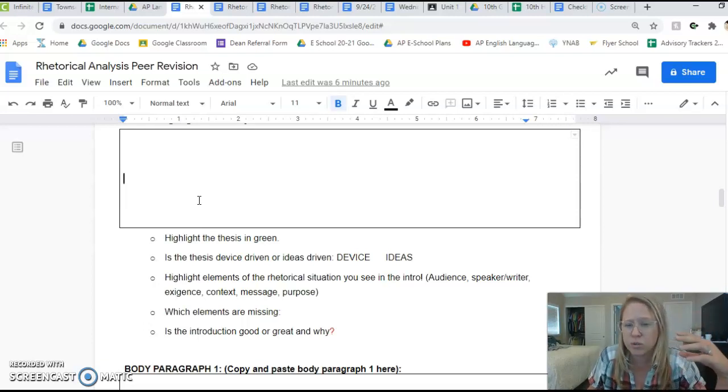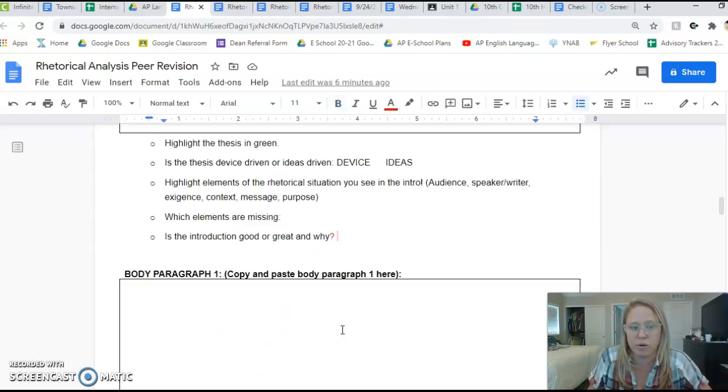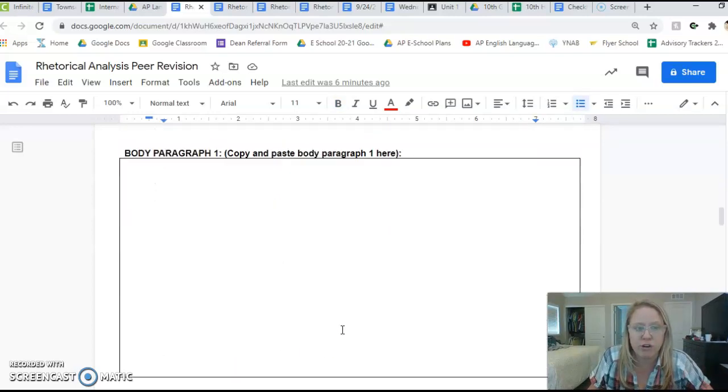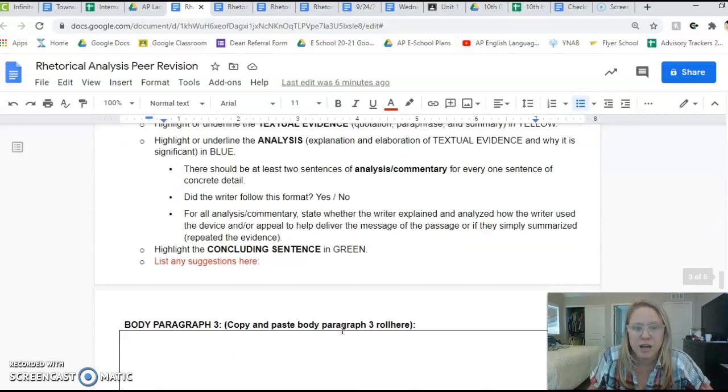So while you are doing this in their introduction, hopefully you'll be thinking about yours and you'll be thinking, wait a minute, did I include mention of the context in my introduction? And you can not only give your partner that feedback, you can then go review that in your own as well. So you're going to do that for each of the body paragraphs.